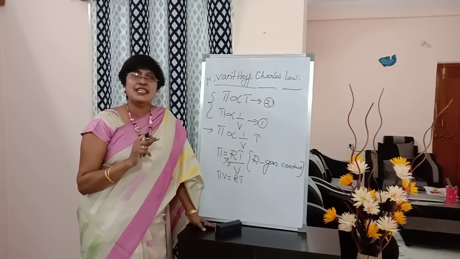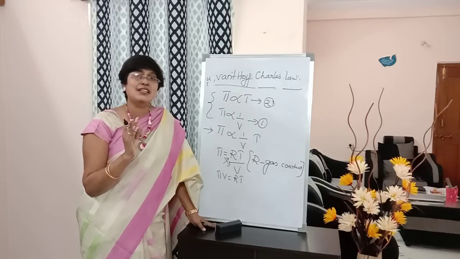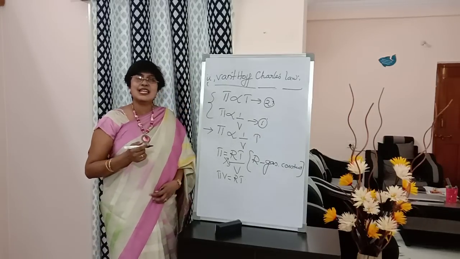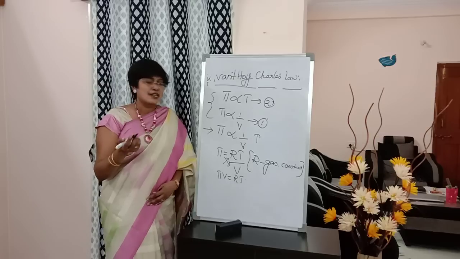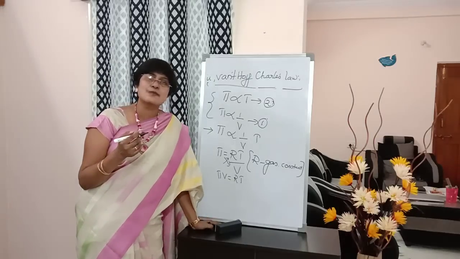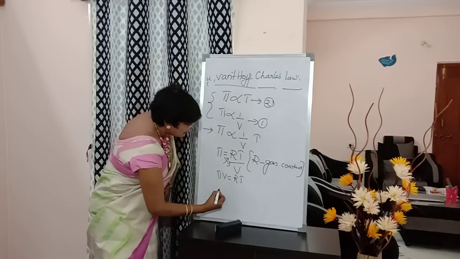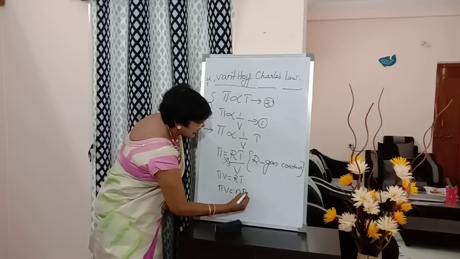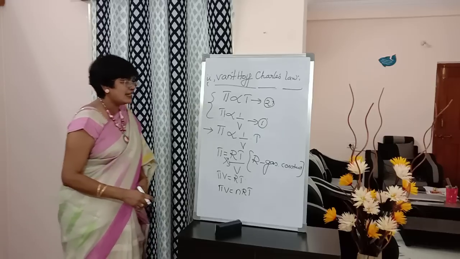So it is also looking like that, pi V is equal to RT. For n moles, how much, students? PV is equal to nRT. So here also for n moles, pi V is equal to nRT.